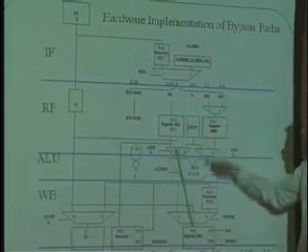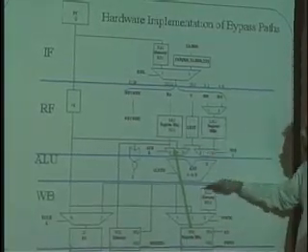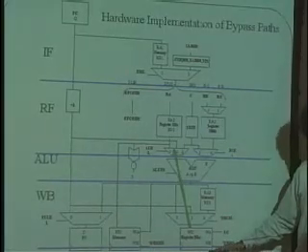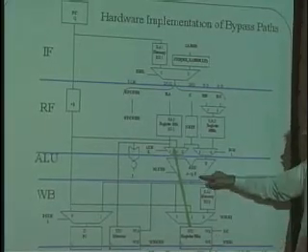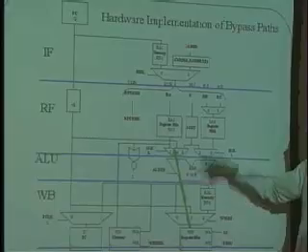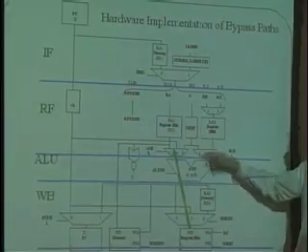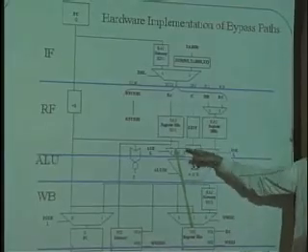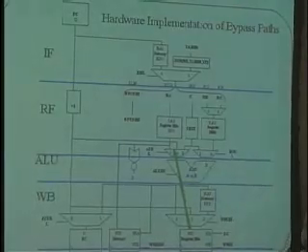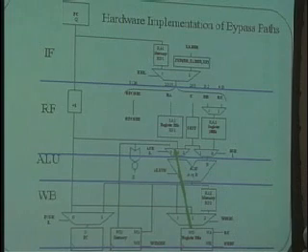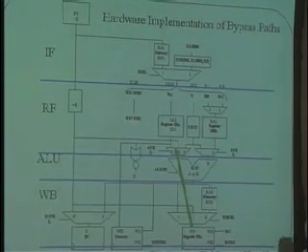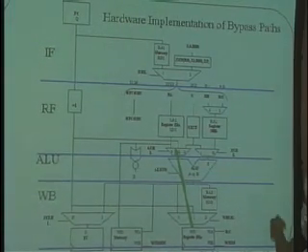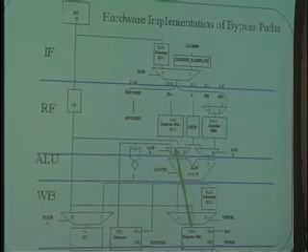So this loop over here has a problem, and it has 1, 2, 3 registers in the loop, and we just bypassed around the first one in order to reduce that to 1 register in the loop. And now we're going to put an additional bypass for having 2 registers in the loop, and this is what you do if you're trying to use the value of one instruction, not in the next one, but in the one that's 2 instructions down.